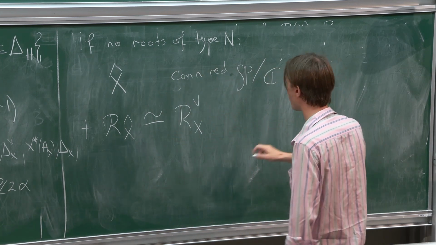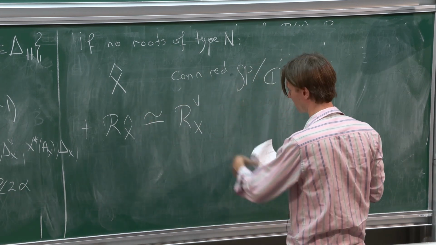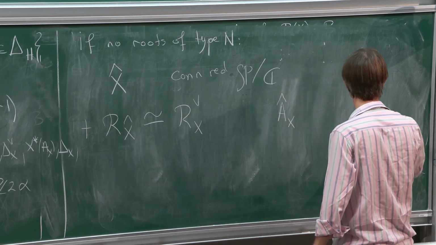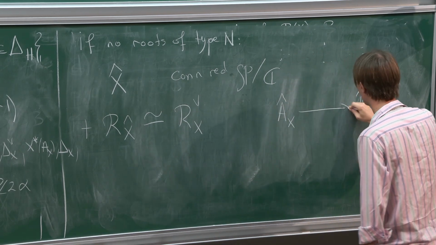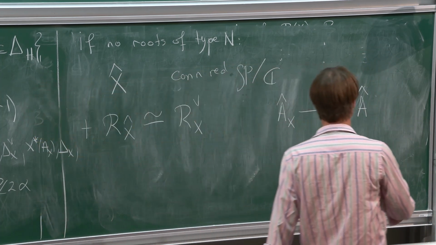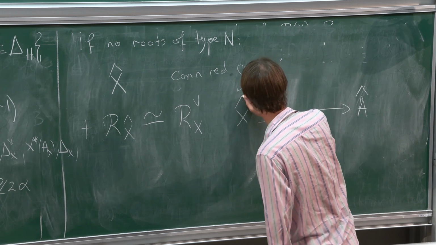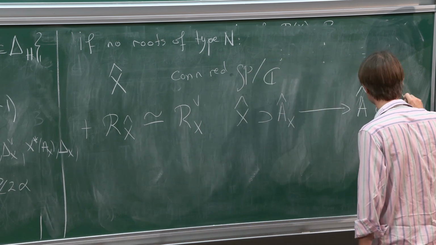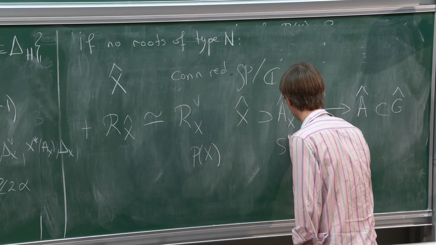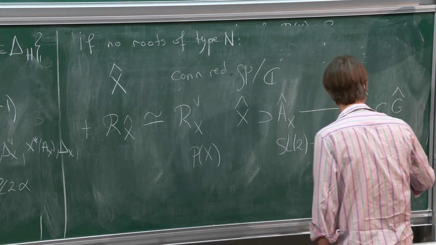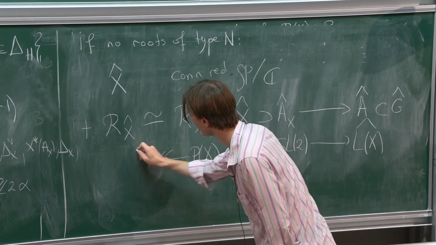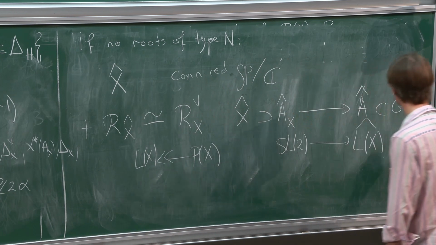And the point is, this is not the end of the story, because as I already explained, there is a natural morphism between the dual Cartan, the maximal torus in X hat, and the maximal torus in G hat. Turns out that X will also give you a morphism of SL2 into the dual Levi, the standard Levi in the dual group.